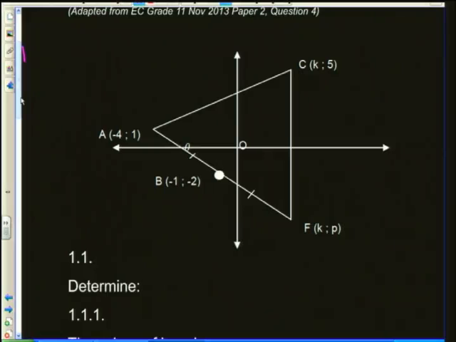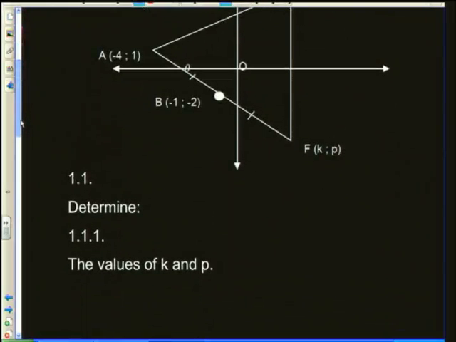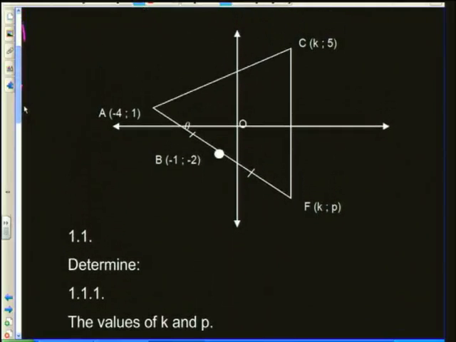It says determine 1.1.1, the values of K and P. Now remember, with analytical geometry or Euclidean geometry or even trig, if you're given a sketch, it is your sketch, it is your question paper or your exercise book. Feel free to make notes, to draw lines and highlight things on your sketch. That's what we're going to do in this case, because if you find the solution to an answer and you draw it on your sketch, it'll actually help you with the next question and so on.